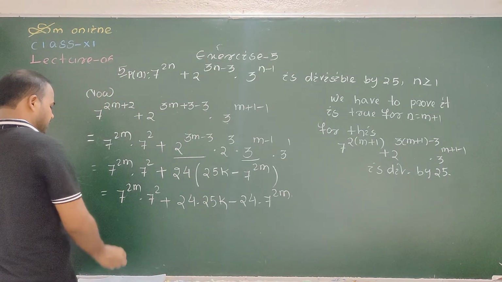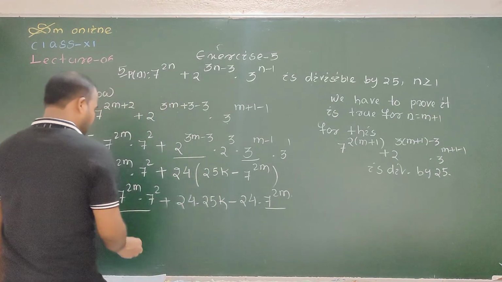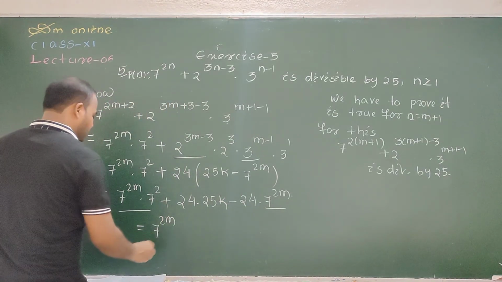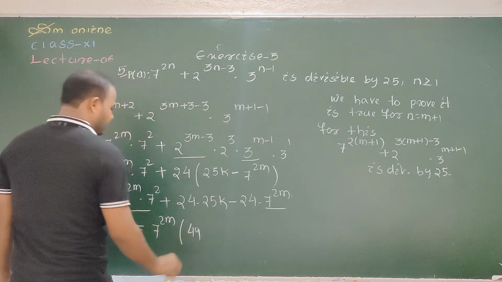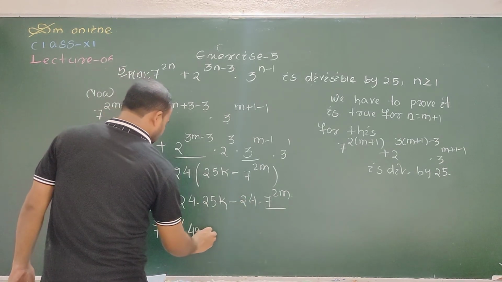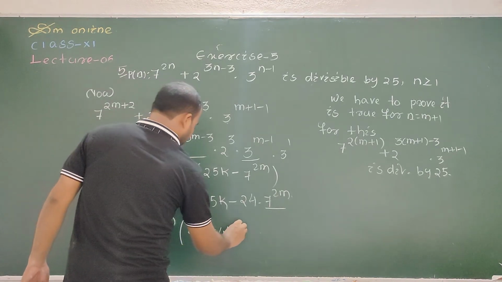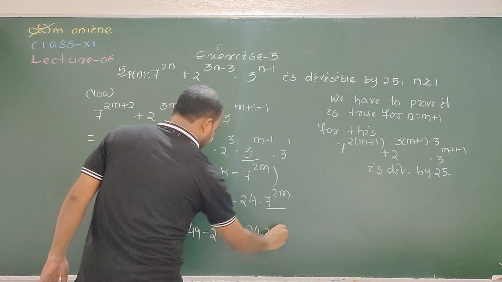Okay, and 7 to the power 2m is common, so taking 7 to the power 2m common, it is 49 minus 24, plus 24 into 25k.